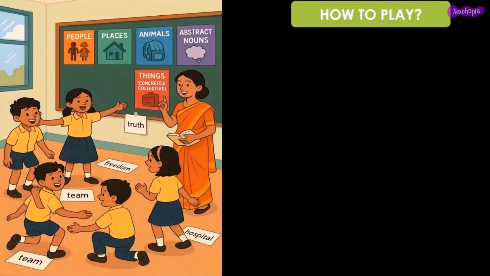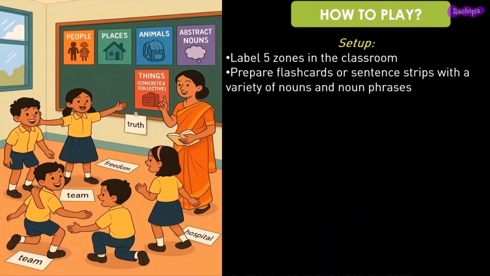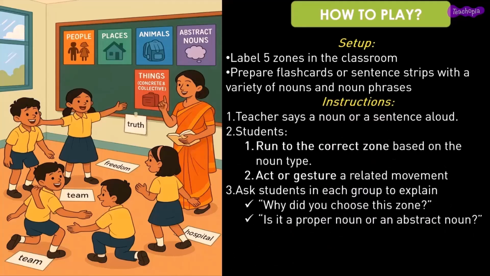How do we play this activity? The teacher has to set up 5 zones in the classroom and label them as people, places, animal, and things. Under things, we have concrete and collective, and the 5th zone would be abstract nouns. Then the teacher says a noun or a sentence aloud.